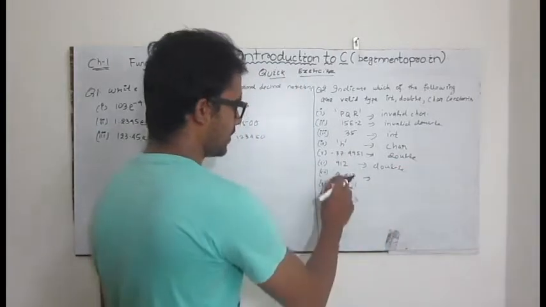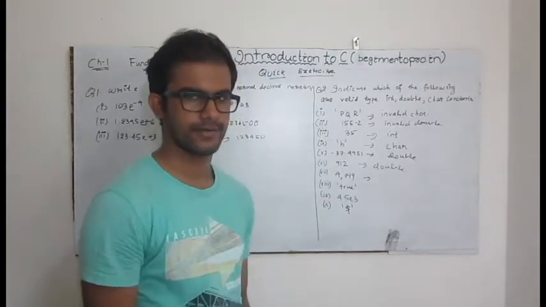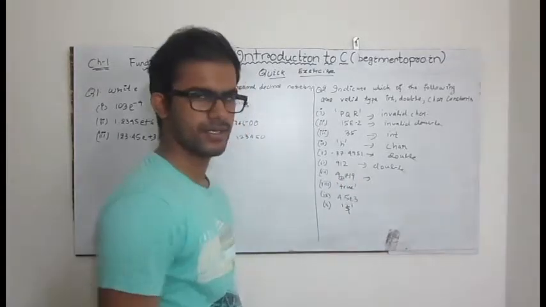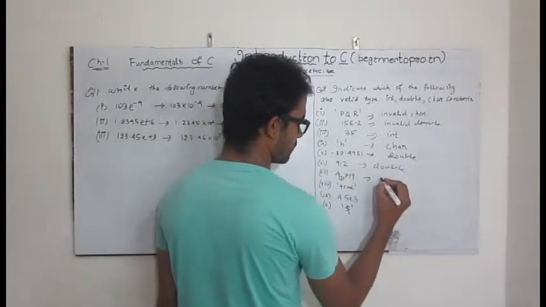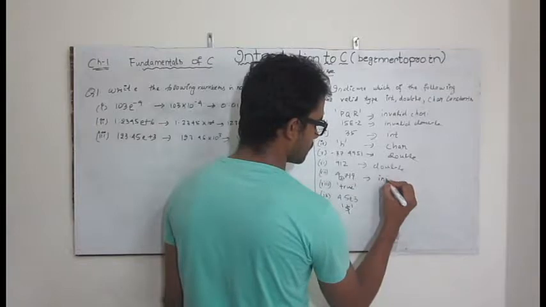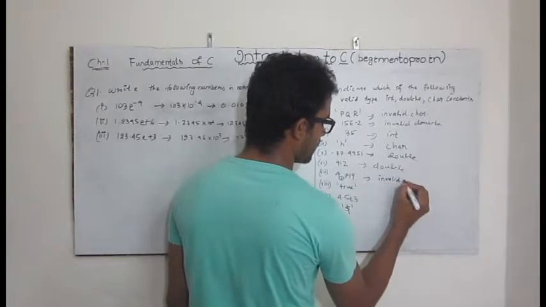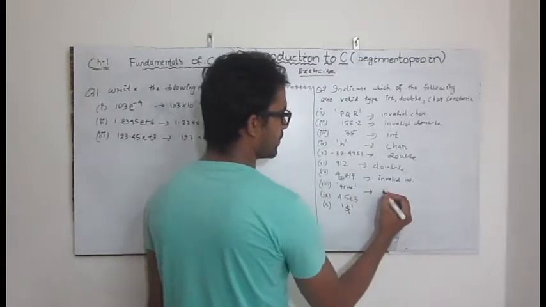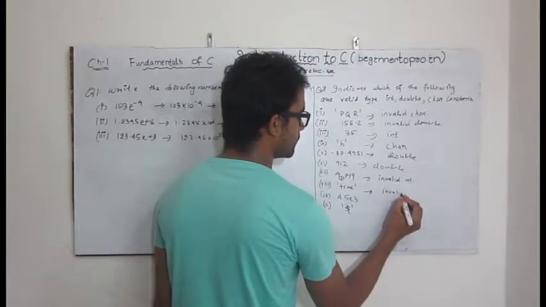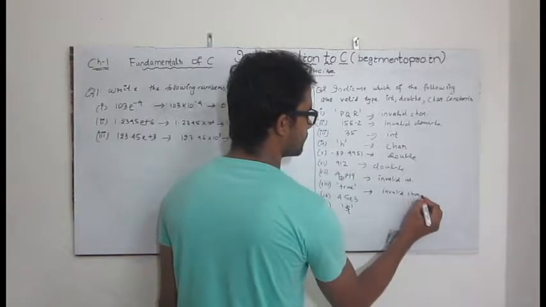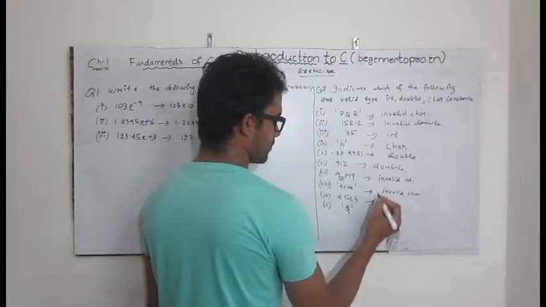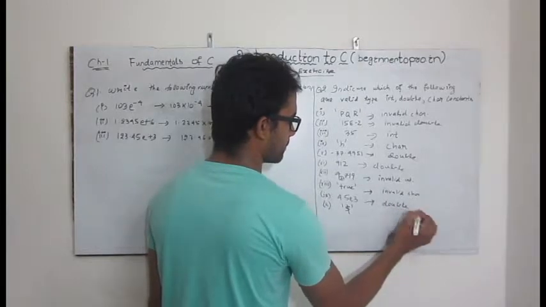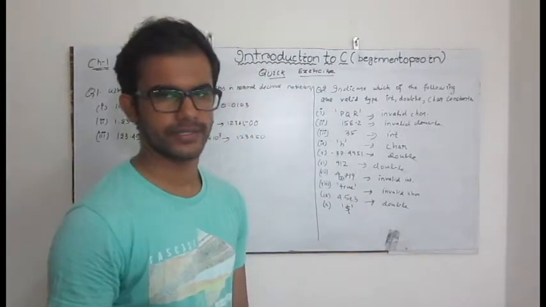It is an invalid integer. Why? Because of this, it is not allowed. Invalid integer. This will be an invalid character. This will be double, 4.5 into 10 to the power 3.